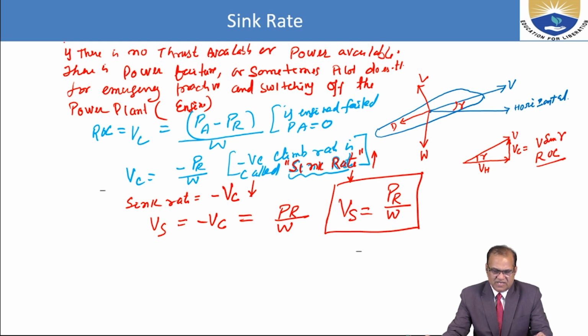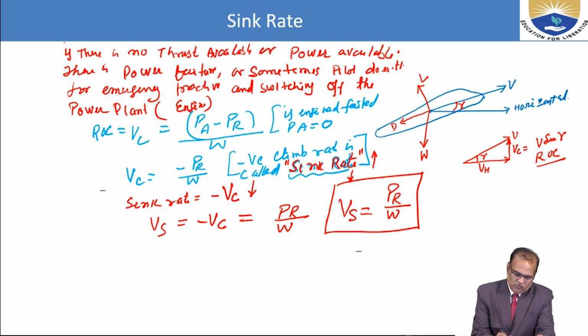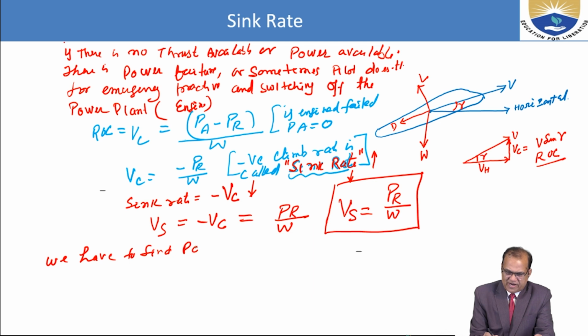Now we have to find the power required, as we have already derived earlier.